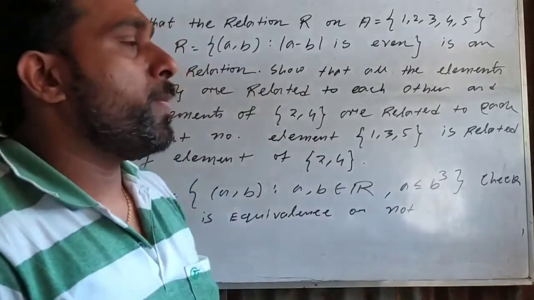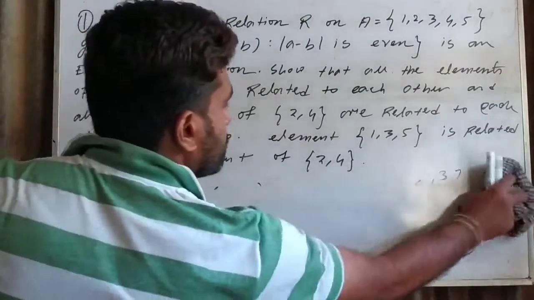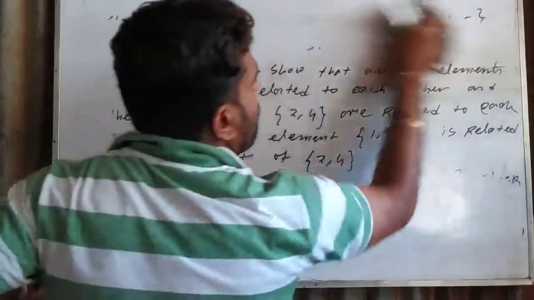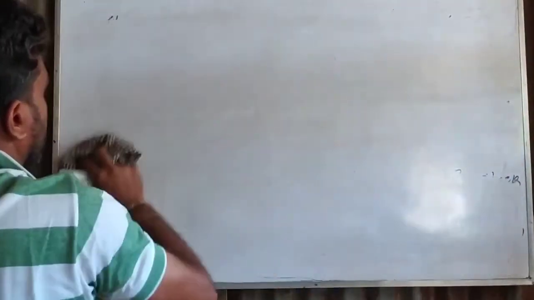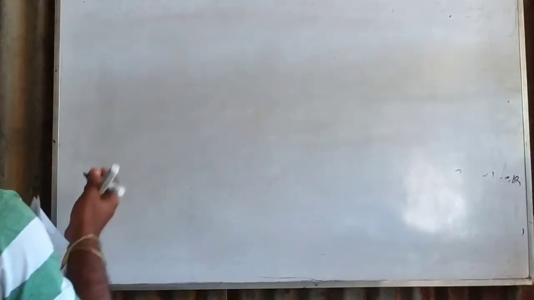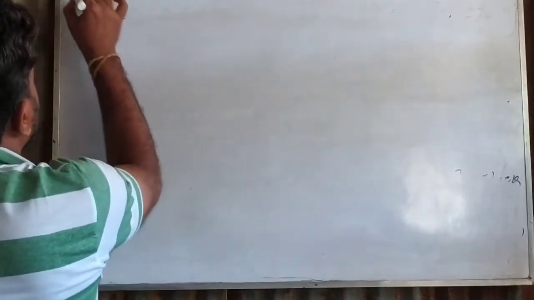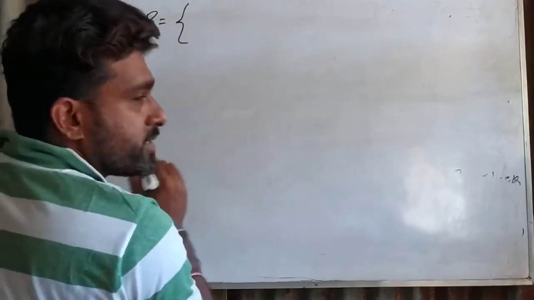So the first question, just write the first question here. Solution for the first question. Here the relation set is given. Which relation set is given here?